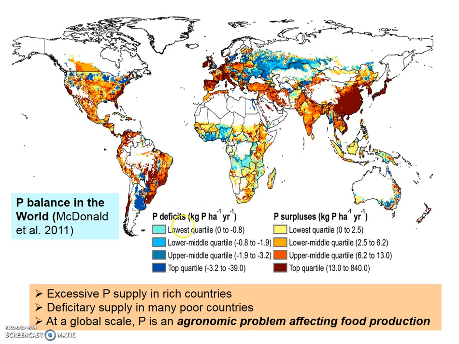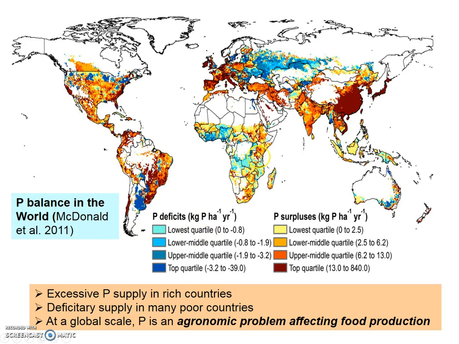In principle, we see that excess phosphorus occurs in developed countries. We see most of the United States, the West Coast, East Coast, most of Europe, China in particular, and also some surplus in India, Turkey, parts of Eastern Europe. We have also surplus of phosphorus in Brazil.